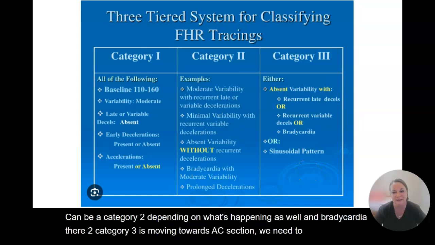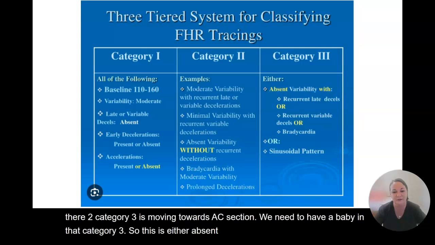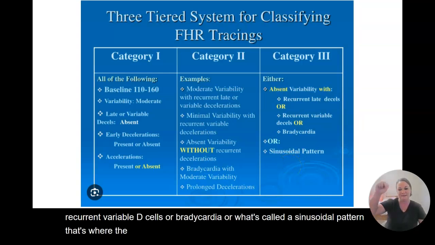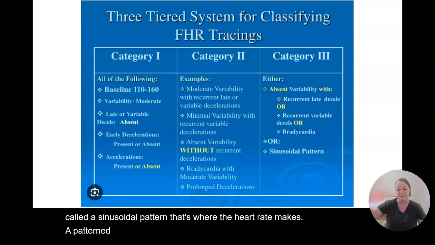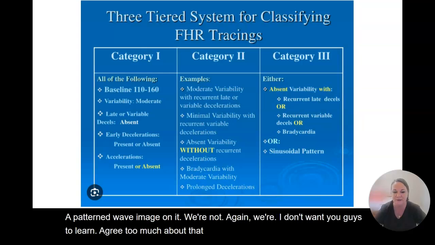Category 3 is moving towards a C-section. We need to deliver a baby in that category 3. So this is either absent variability with recurrent late decels, or recurrent variable decels, or bradycardia, or what's called a sinusoidal pattern. That's where the heart rate makes a patterned wave-like image on it. I don't want you to worry too much about that because you won't be tested on it.